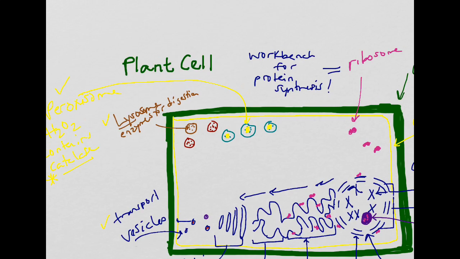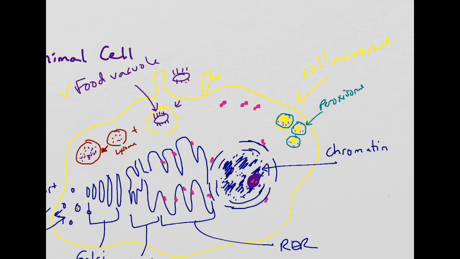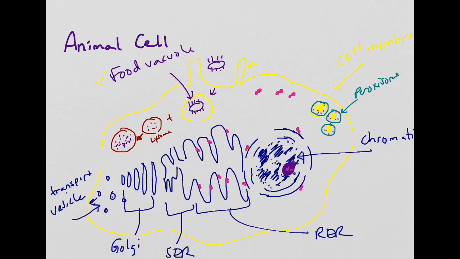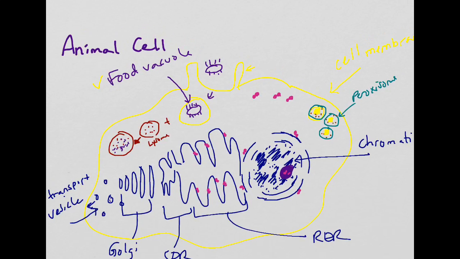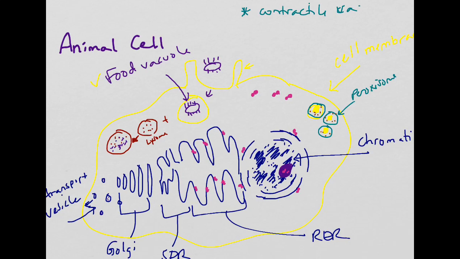One other thing I should mention in the animal cell about the vacuoles, and I don't want to draw it into this guy here, but make sure that you check out contractile vacuole. Remember, that was found in our freshwater protists.